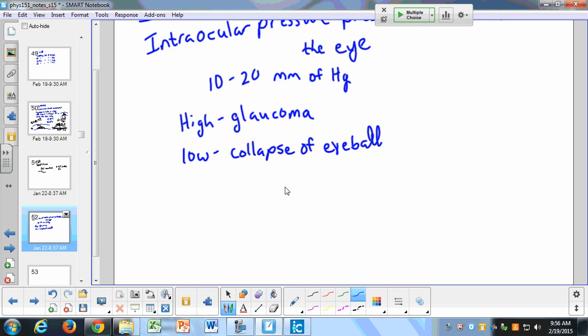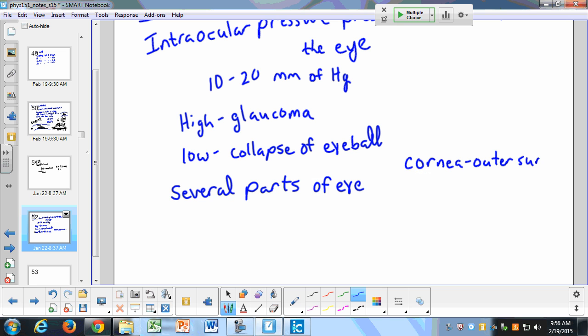There's several parts to the eye. You should know these parts. As I said, we'll get into how these parts function related to the optics of the eye later. We have the cornea, which is just the outer surface. The aqueous humor.